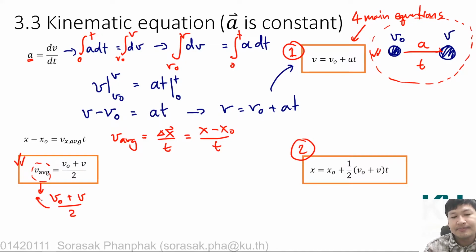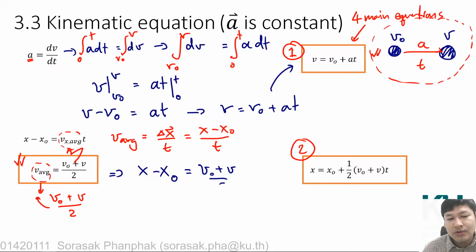So substitute this into v average. Now you get x minus x0 equals v0 plus v over 2, multiplied by t. So the final term is x equals x0 plus 1 over 2 times v0 plus v, times t.